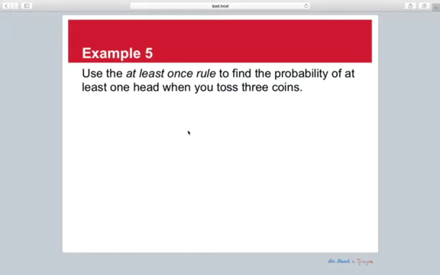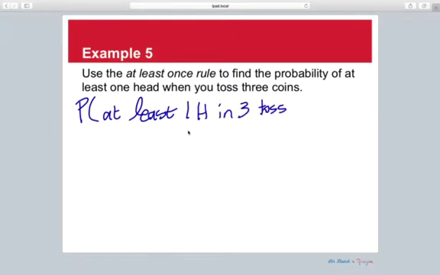So use the at least once rule to find the probability of at least one head when you toss 3 coins. So probability of at least one H in 3 tosses. So that's going to be equal to, we're going to kind of use the complement rule, 1 minus the probability of no H, no heads in 3 tosses.